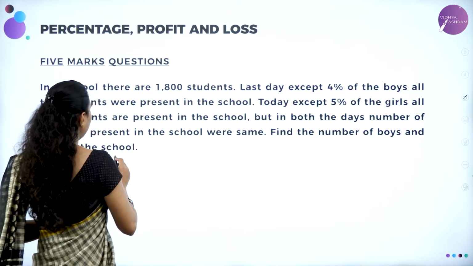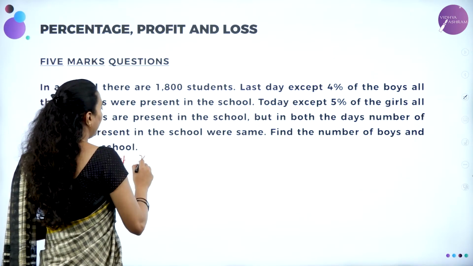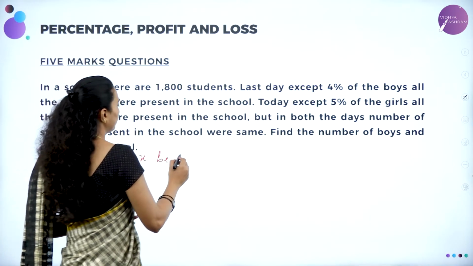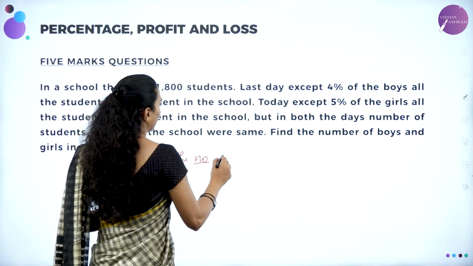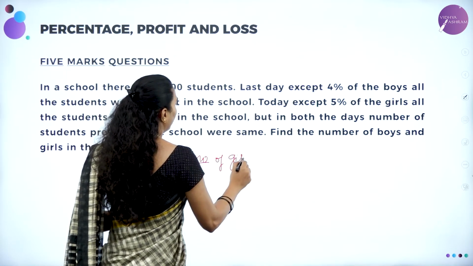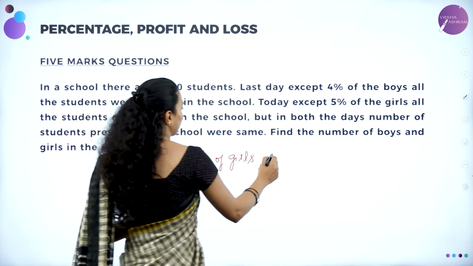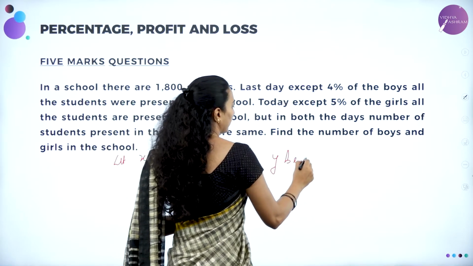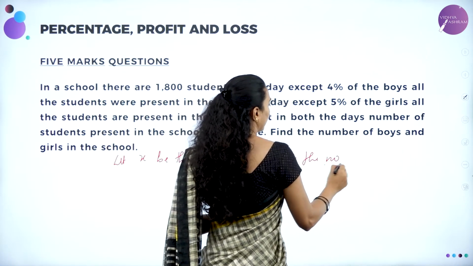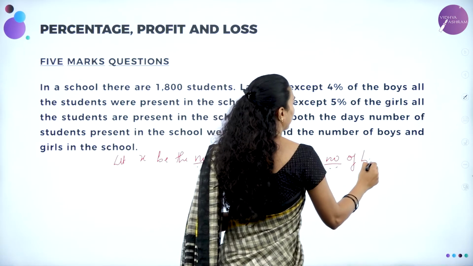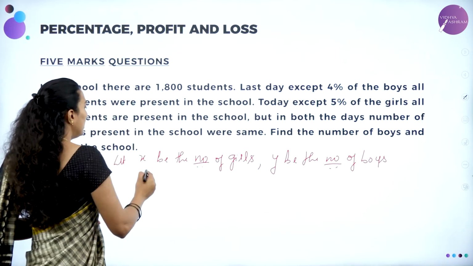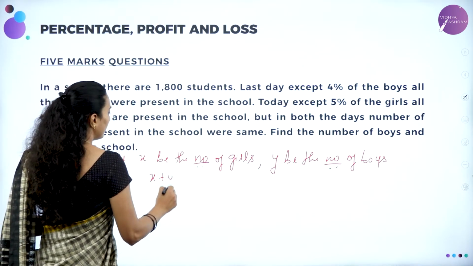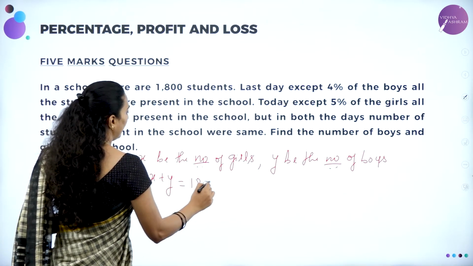I am going to take it as, let x be the number of girls and y be the number of boys. Okay, and they have given the total strength of boys and girls is nothing but x plus y is equal to 1,800.